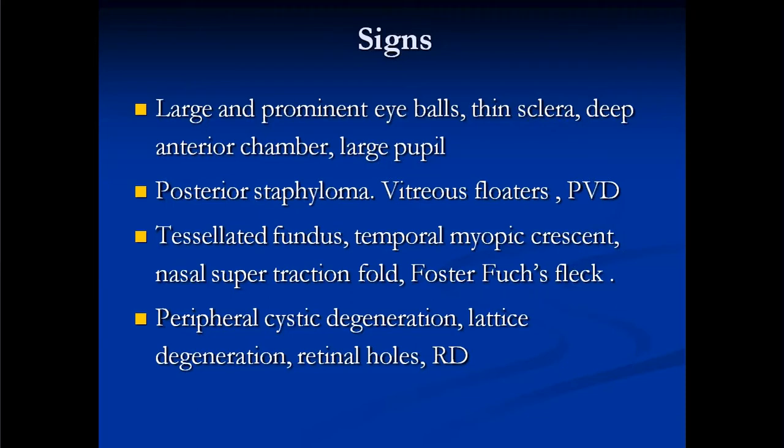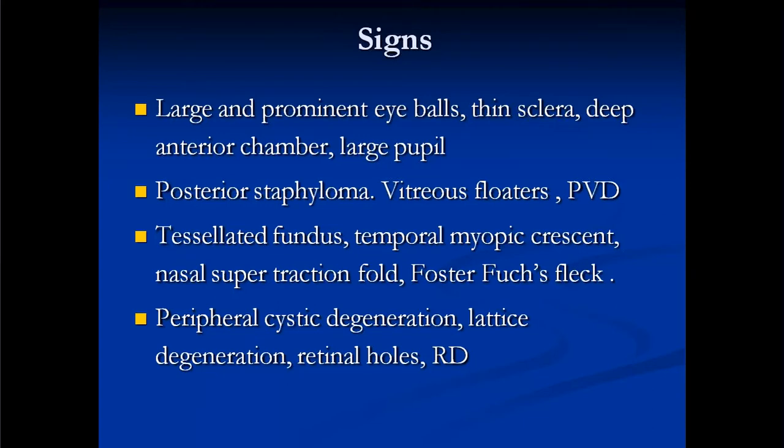Then the fundus is tessellated, tigroid fundus, what we call. Tessellated fundus will be there. A temporal myopic crescent is there on the optic disc, and there can be Fuchs spots. This is mild bleeding in the posterior segment.